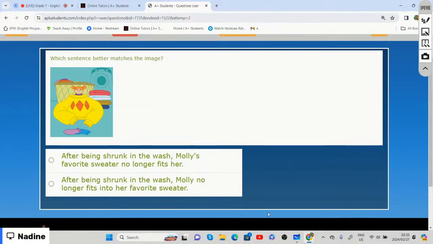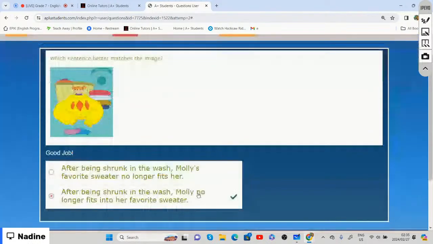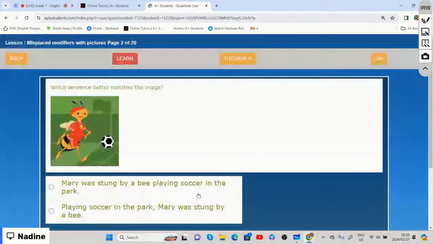All right, let's say Molly no longer fits into her favorite t-shirt. So basically, Molly no longer fits into her favorite t-shirt because it has shrunk in the washing.